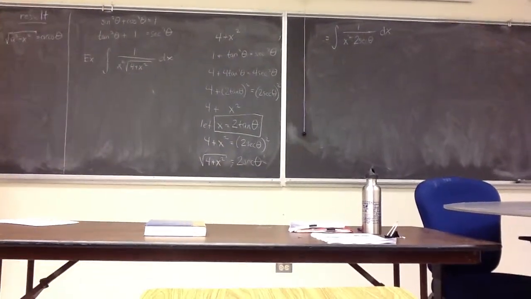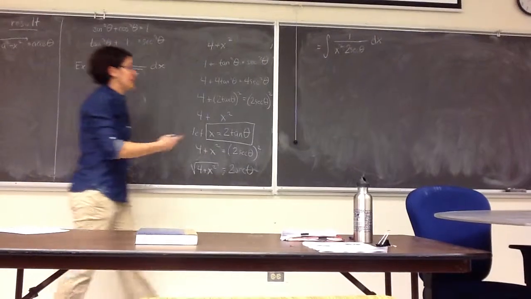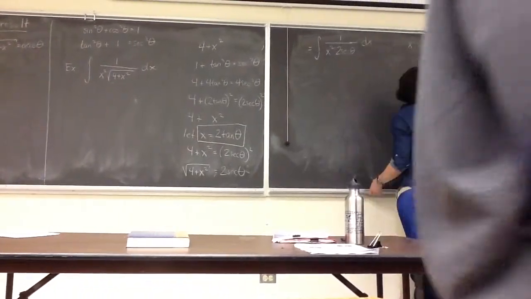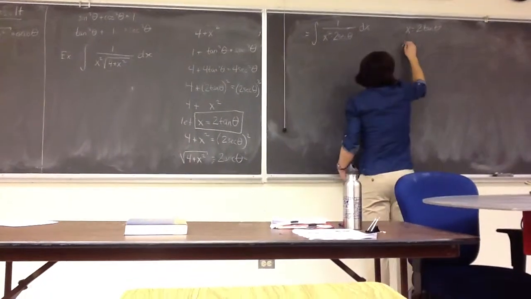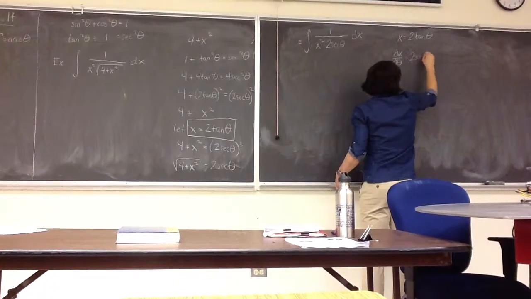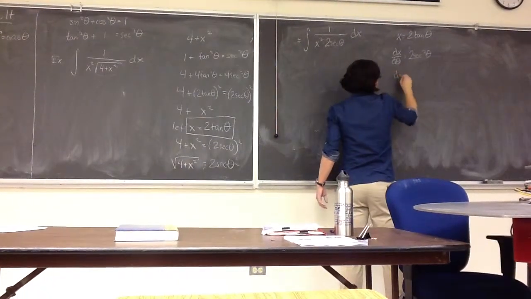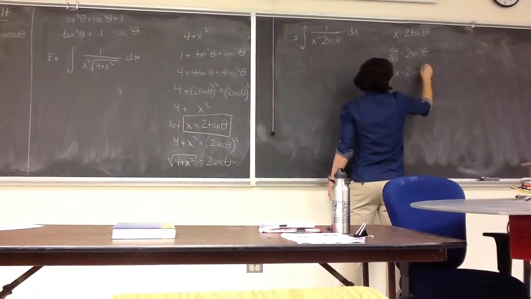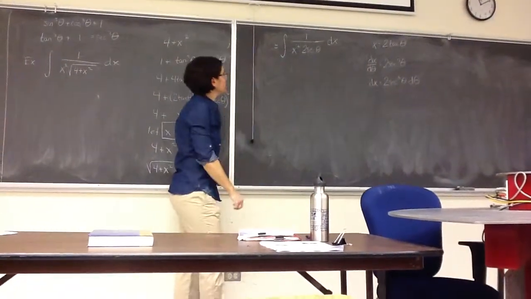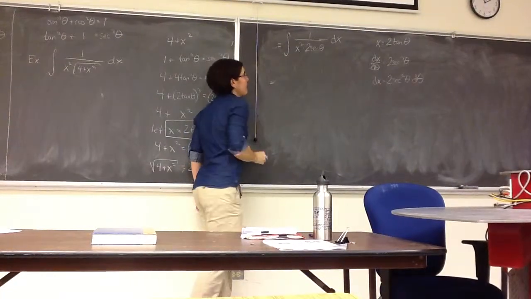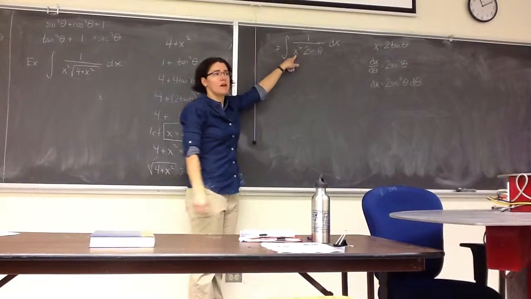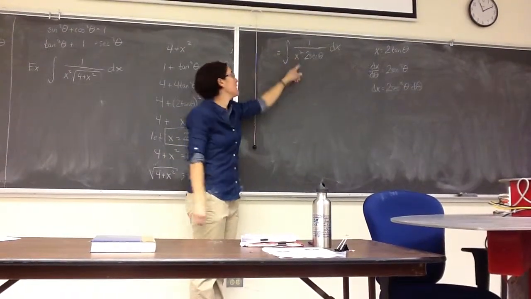So I've made my main substitution, but I still need to take care of the dx. So since x is equal to 2 tangent theta, then dx over d theta will be 2 secant squared theta. So dx is 2 secant squared theta d theta. And since x is 2 tangent of theta, I can replace that x squared with 2 tangent theta quantity squared.